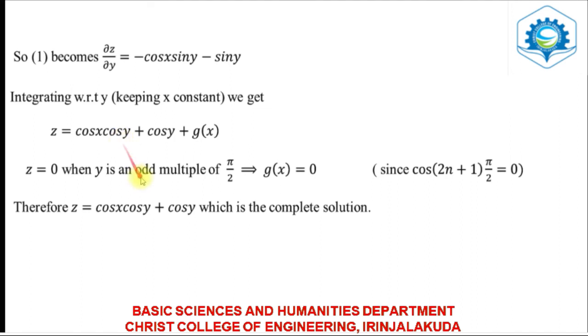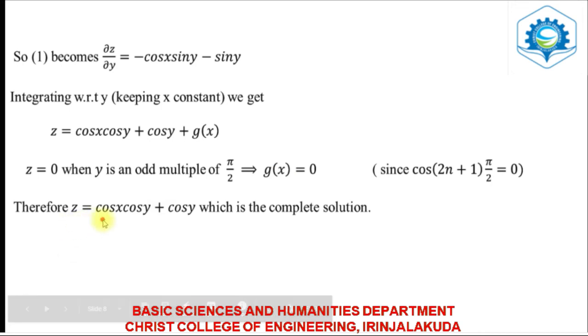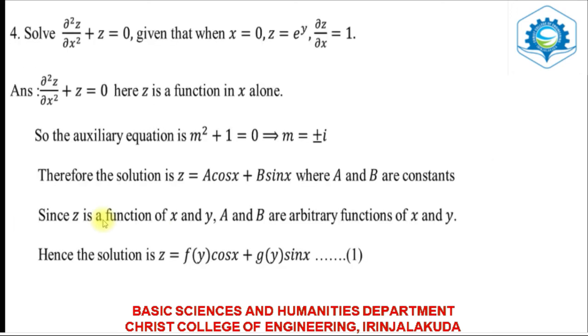So when we substitute y equal to an odd multiple of pi by 2, the first and second terms will get cancelled, and we get g of x equal to 0. So g of x, our arbitrary function, is equal to 0. Therefore the required solution is z equal to cos x cos y plus cos y, and that is a complete solution. That is our required final solution.